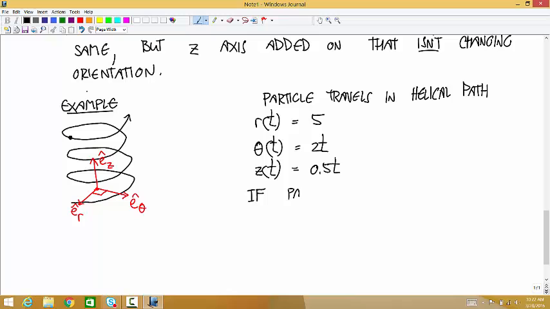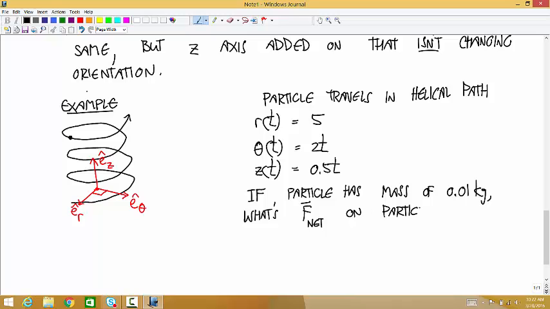So if the particle has a mass of 0.01 kilograms, what's the force vector? The net force vector on the particle as a function of time.